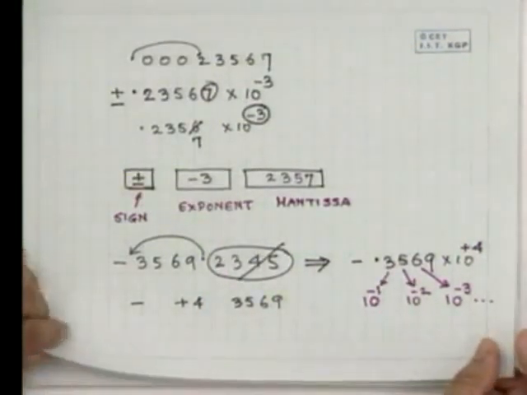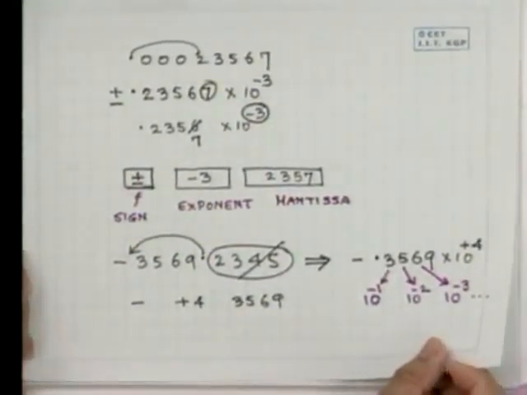Now, since a computer represents numbers only in binary form, let us see what happens in the case of a real number represented in a computer. Here also, instead of a decimal point, we will have a binary point.